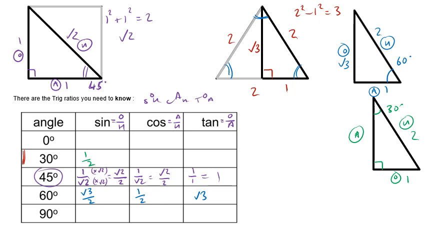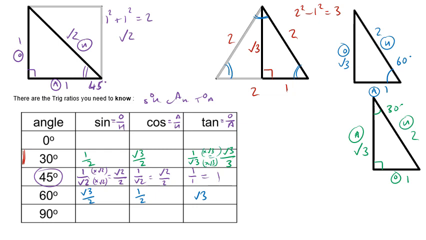Cosine is equal to the adjacent, which is root 3 over the hypotenuse, so root 3 over 2. And the tangent is equal to the opposite divided by the adjacent, so 1 over root 3. Again, when we have a surd for the denominator, it's worth multiplying top and bottom by that surd. That gives us root 3 over 3.